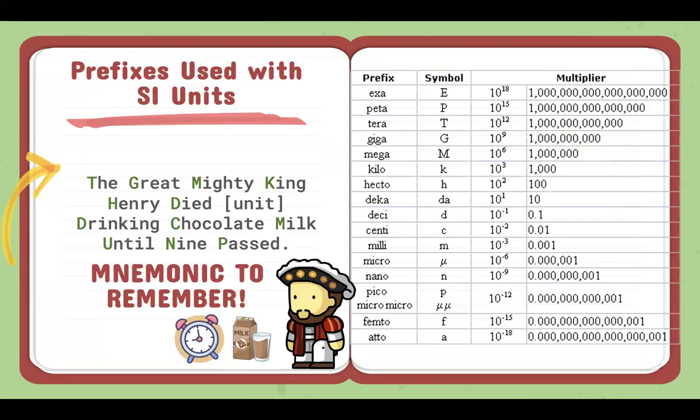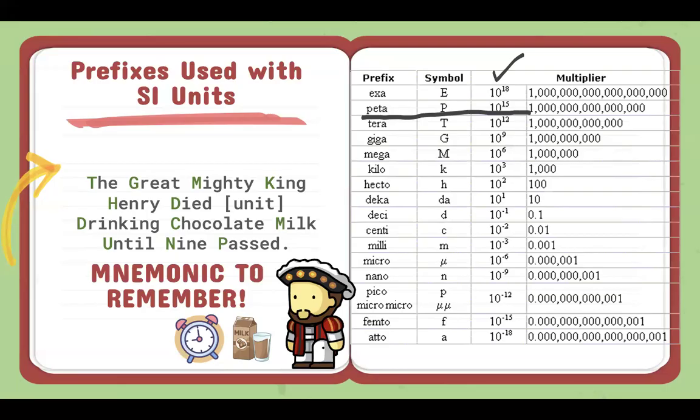Aside from the scientific notation that we use, which are like this, on the third column, we use prefixes to indicate how we get, or how we read a following measurement. So we can just use this mnemonic, but this mnemonic starts with tera, followed by giga, mega.